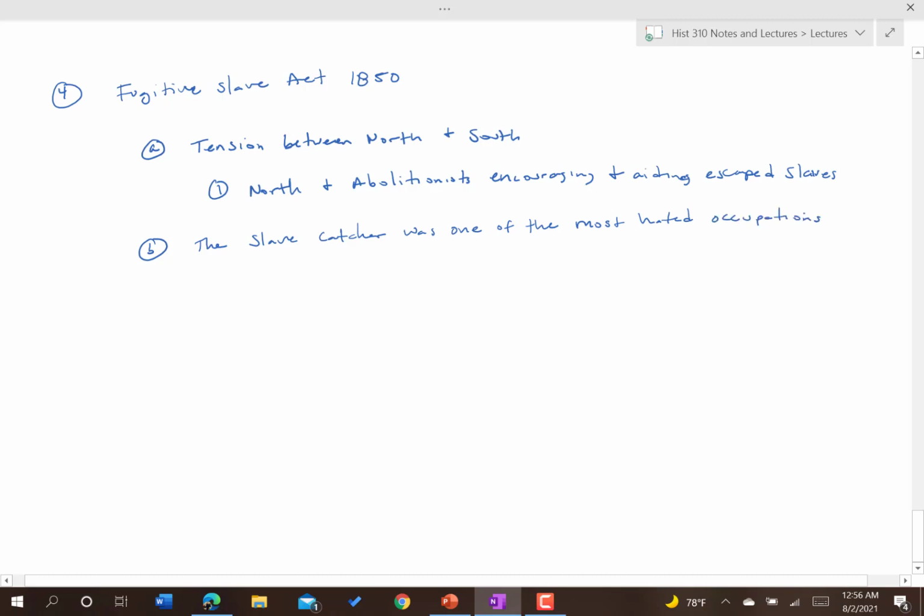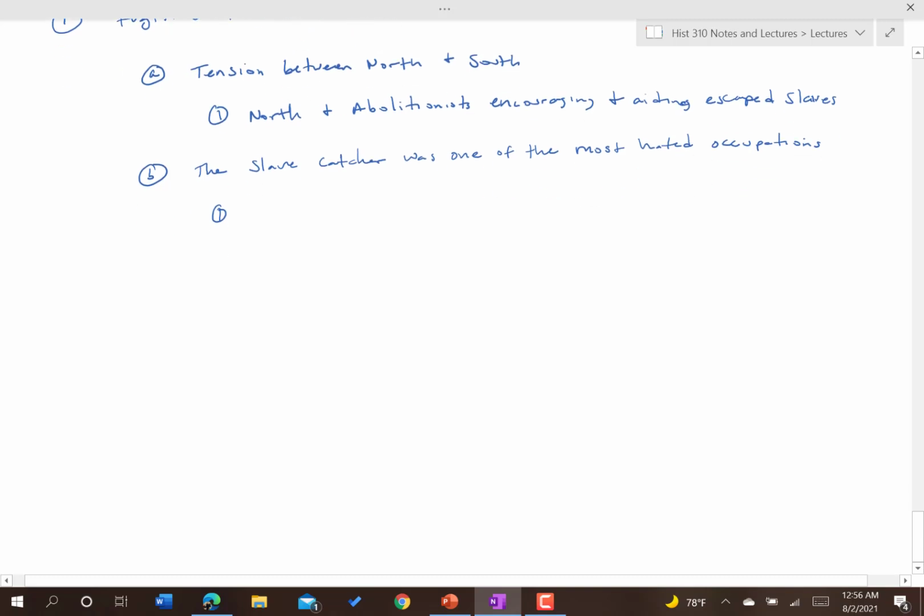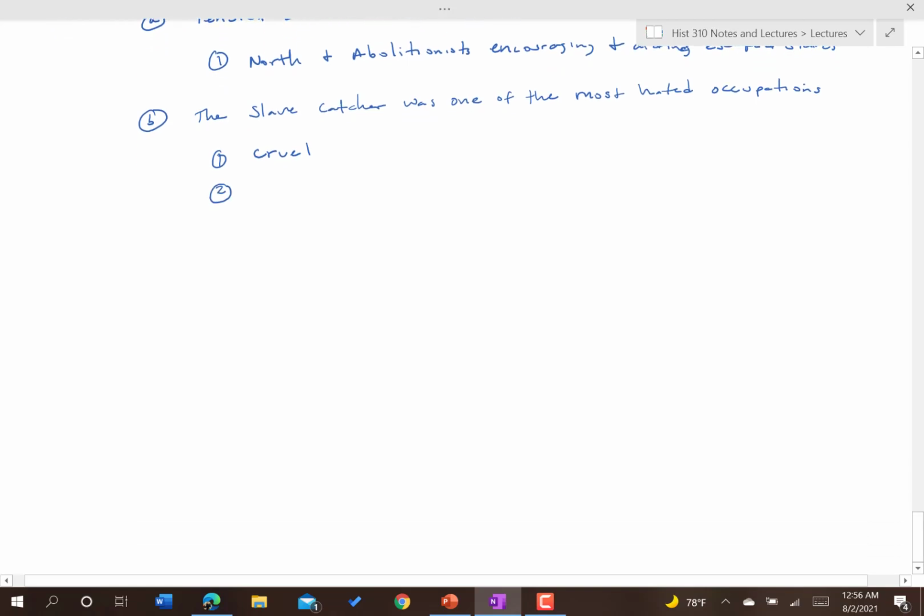Of course, it was seen as worse in the North and with slaves. But there's several reasons for it. One, most slave catchers were extremely cruel. They were notorious for being brutal to captured slaves. They generally were kind of creepy men anyway, let alone just the cruel treatment of slaves that they captured.